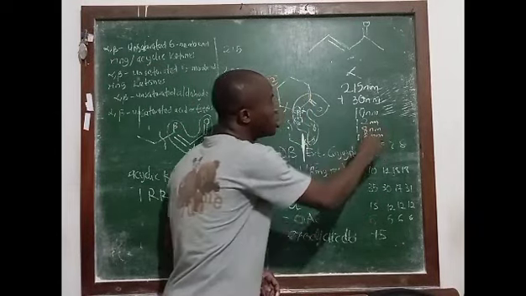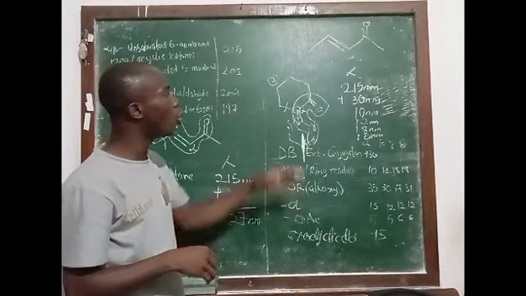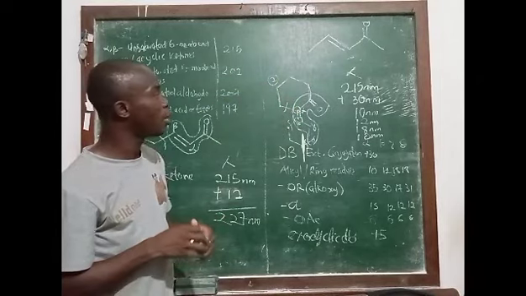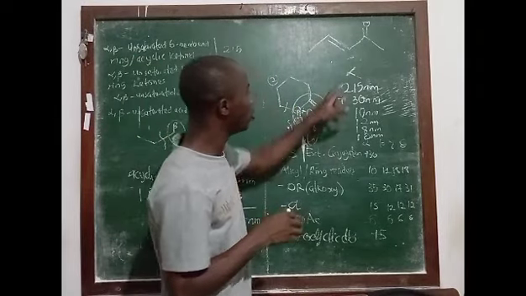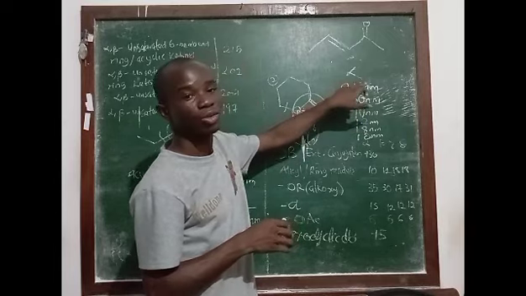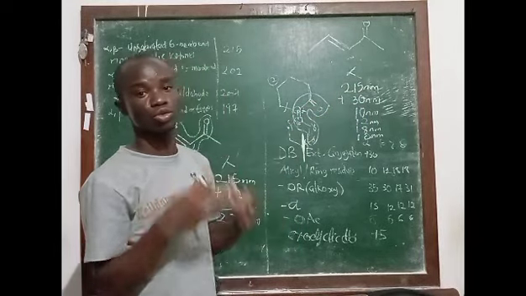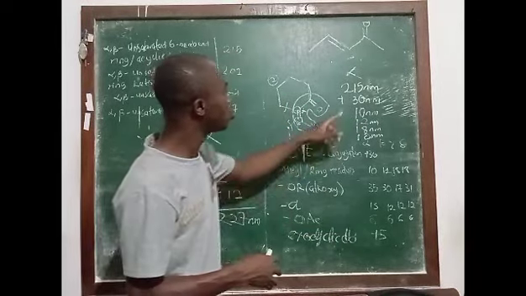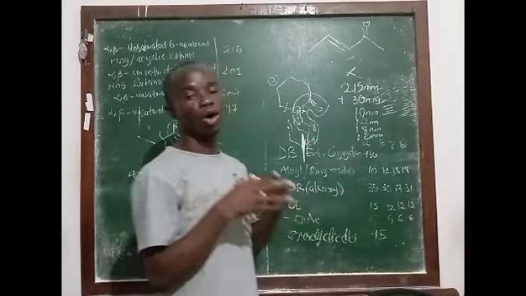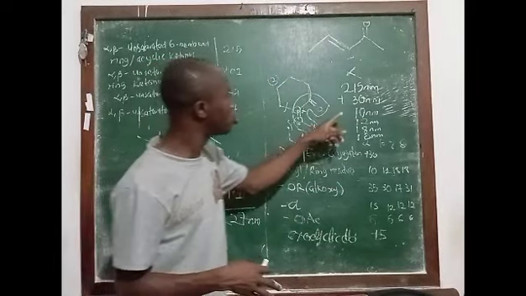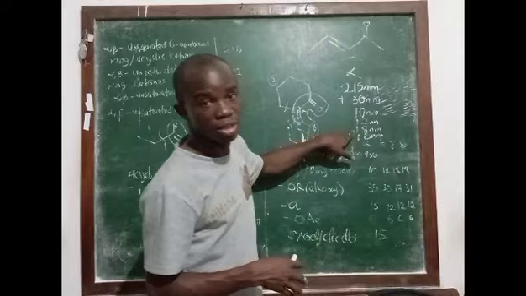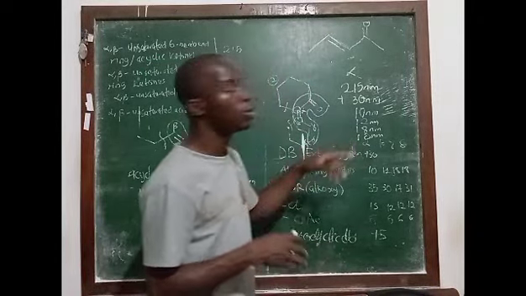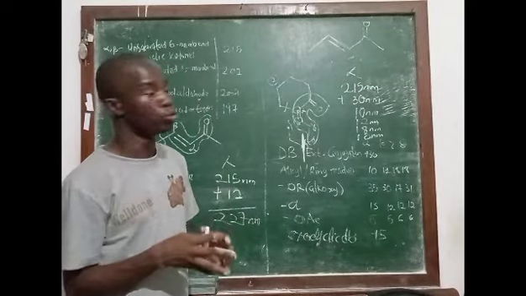So the sum of all of these lambda values will give us the maximum absorption wavelength for this particular compound. So if we are going to do the summation now, 215 plus 30 will give us 245. 245 plus 10 will give us 255. 255 plus 12 will give us 267. 262 plus 18 will give us 280, and 280 plus 10 would give us 290.